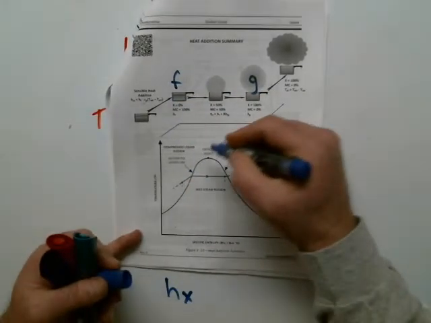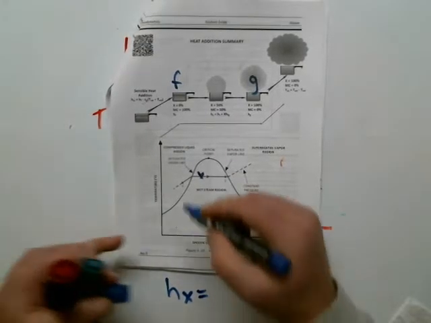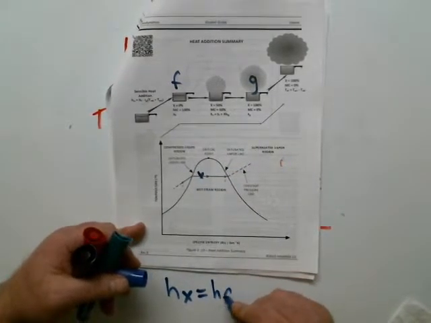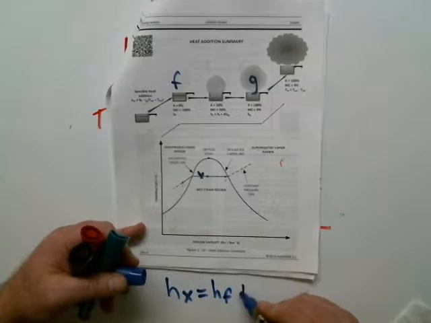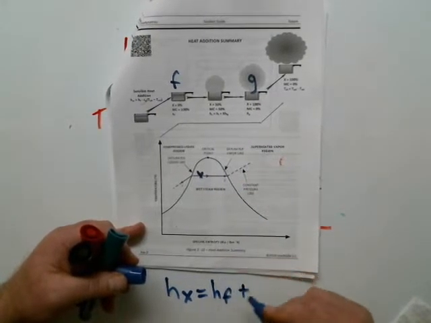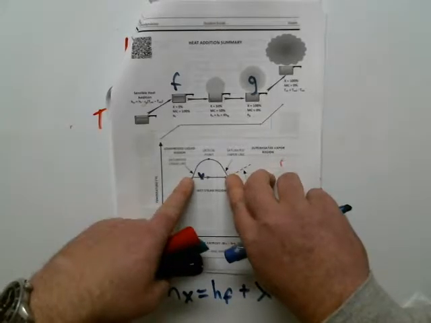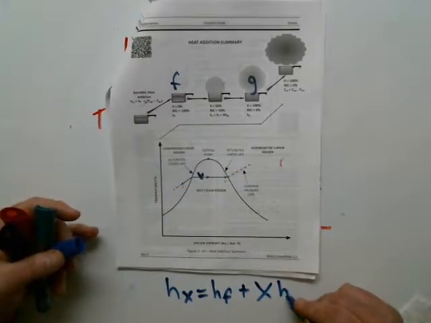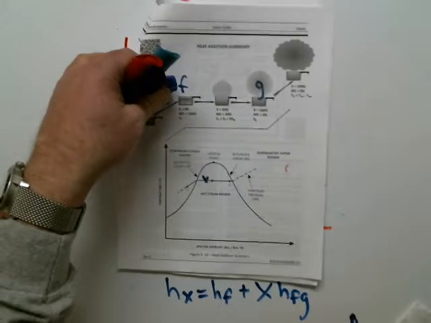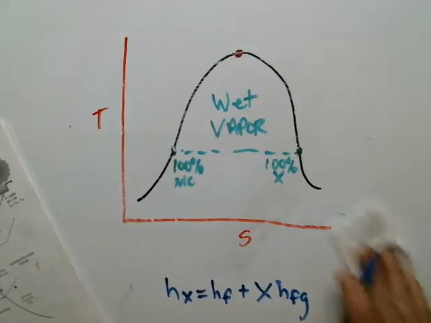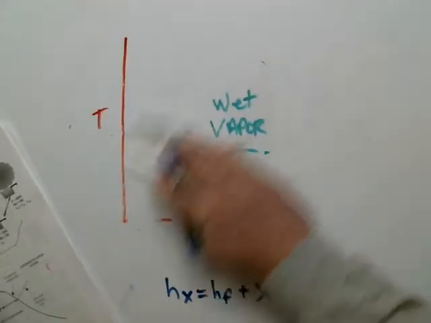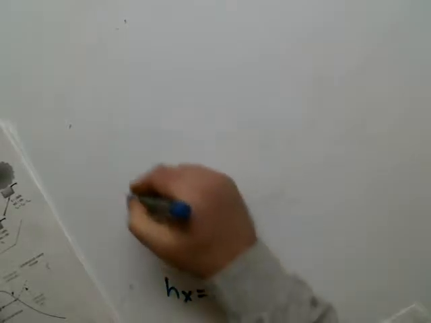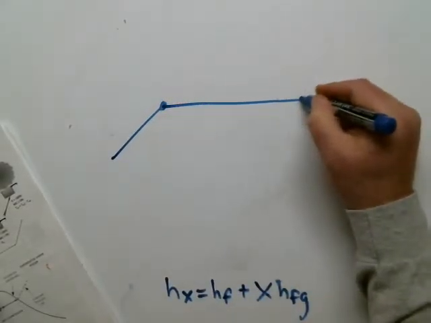And the way I do that is wherever I am, anywhere along that line is going to be at least equal to H sub F. It's going to be something greater, so it's going to be plus the quality times H sub Fg. Now what's important to note is I can use this form for any of the properties that I'm trying to find out along the vaporization line.